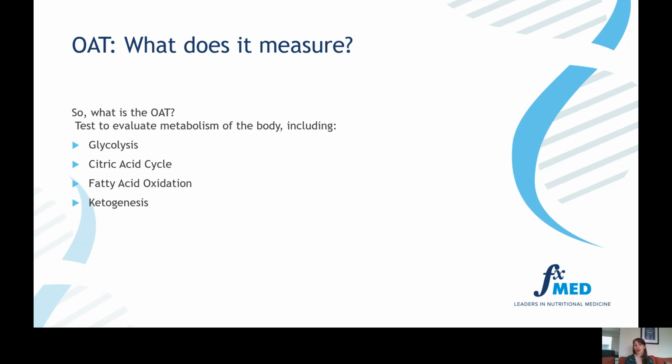What does the OAT test measure? The OAT test evaluates the metabolism of the body and the different processes, including glycolysis, the citric acid cycle or the Krebs cycle you might be familiar with, fatty acid oxidation, and ketogenesis.